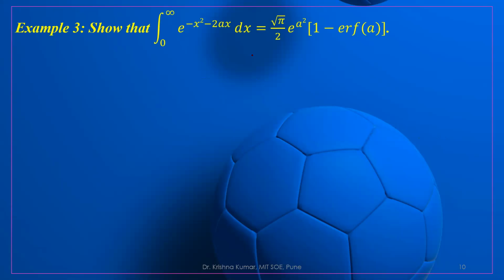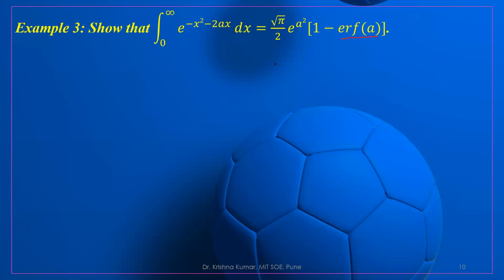The left hand side is just an integral which contains an exponential function, so we are not able to say that it is part of the Dawson function or error function. But on the right hand side, the error function of A is given. So clearly it is part of the error function.